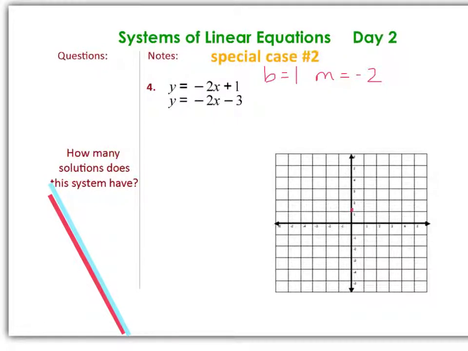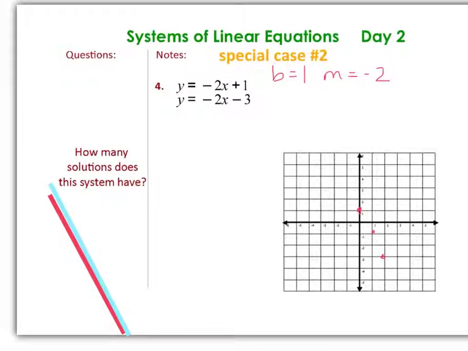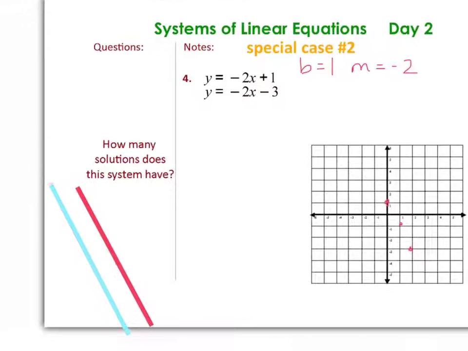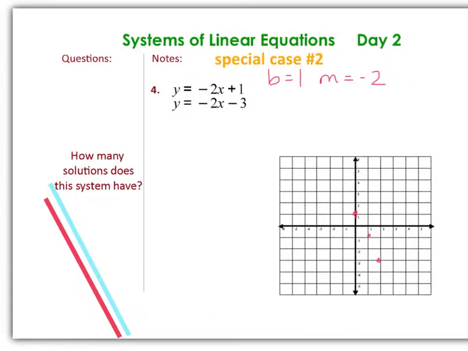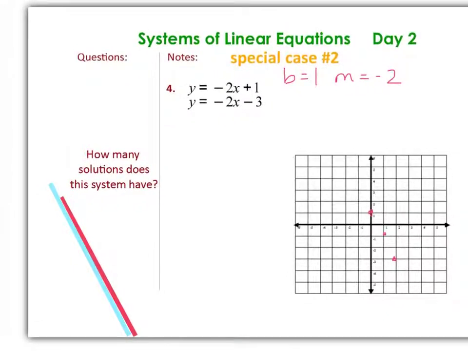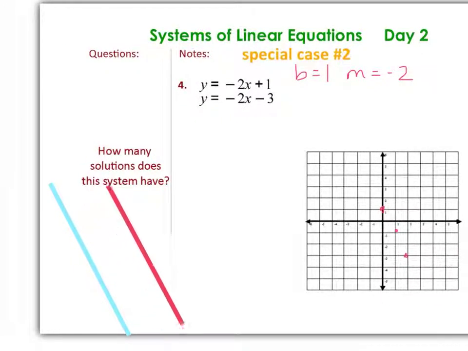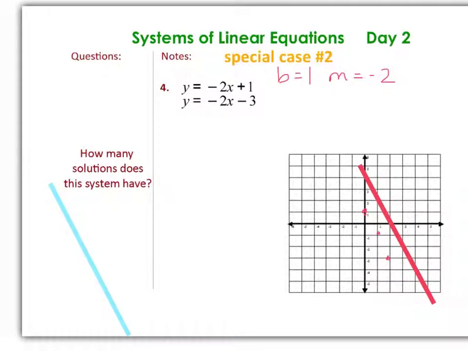So I begin at +1 and I go down 2 over 1, down 2 over 1. Aha, there you go. Bam. That red line now is my graph. Sorry about that, guys. So I got my red line.